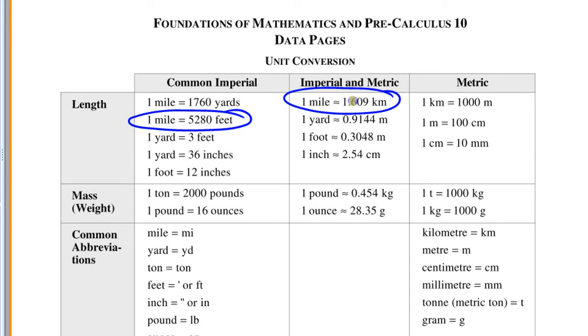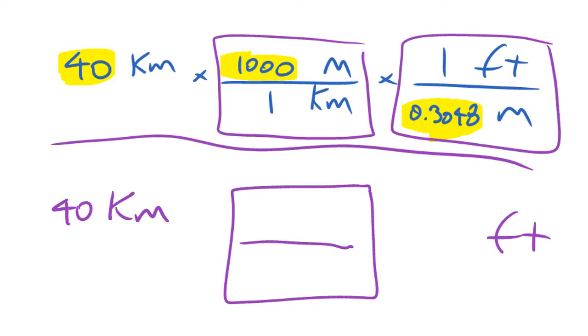So you could use those 2 things. I know 1.609 kilometers is a mile, and 5280 feet is a mile. If you put those 2 numbers on here, it's not a bad way either.